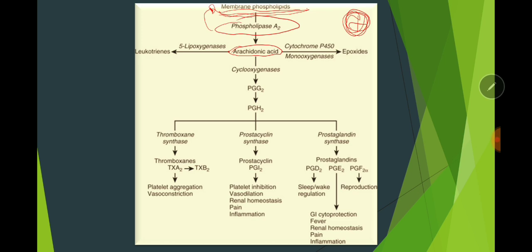Okay, so there are several pathways of arachidonic acid metabolism which are affected by drugs. For example, you can see the pathway which produces leukotrienes, this one here, and there's a pathway which is induced by cytochrome P450 to produce epoxides.